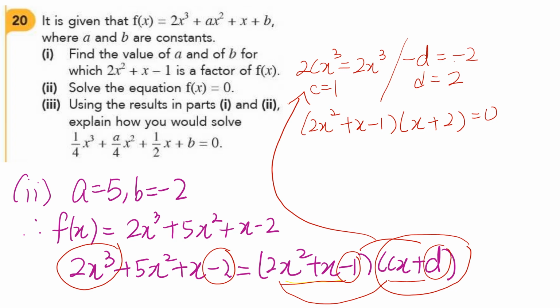So we need to solve it, which means we have to find the solution for x, the values of x. Okay, so we can factorize this further to be 2x minus 1, x plus 1, x plus 2. The other way around, sorry.